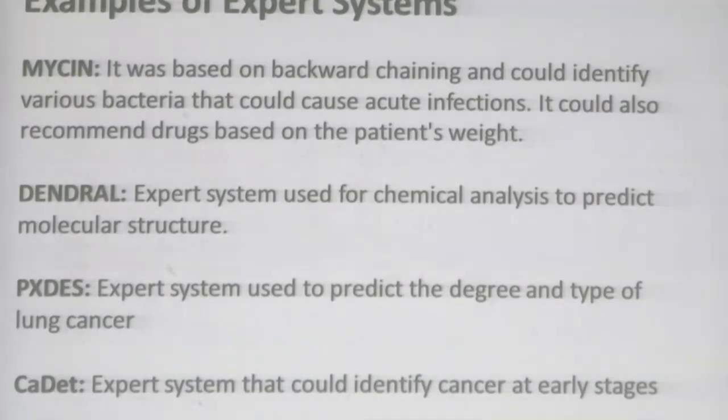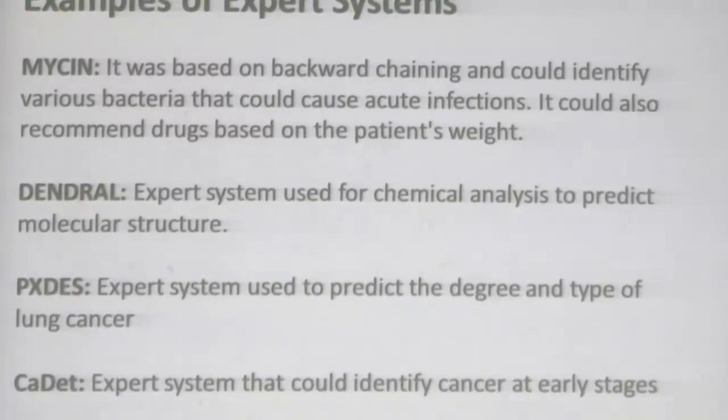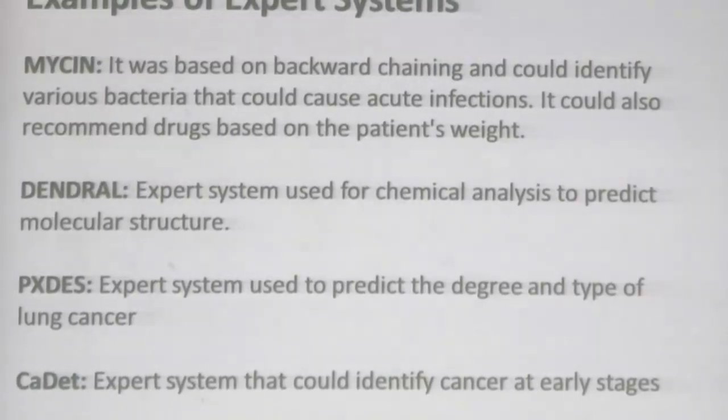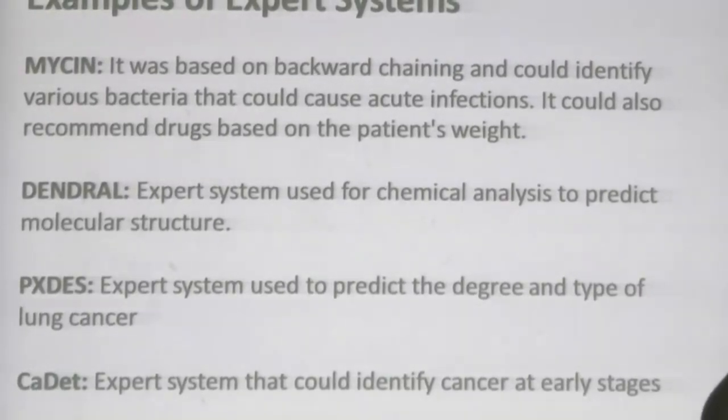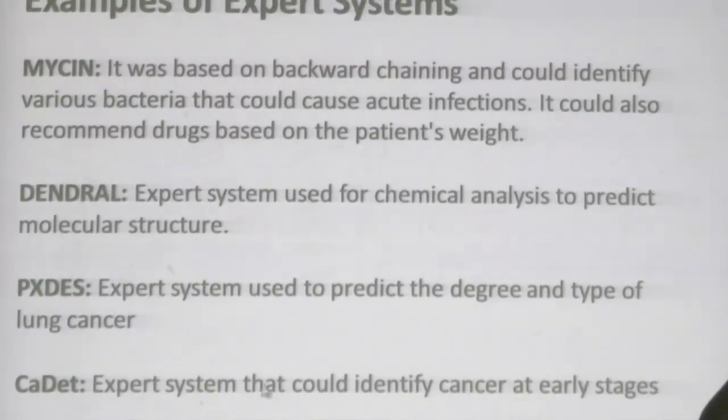As I said, if a robot can scan the whole body and say not only cancer but what other illnesses you have, that is the expert system. And lung cancer and chemical identifications, there are so many things you can refer to. I think from this example you can get the main idea behind that.